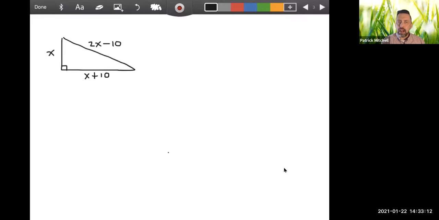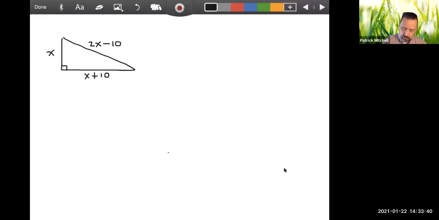Even though this is a triangle problem, we're not going to use area equals 1/2 base times height because this problem doesn't say anything about area, right? So the key words in this problem are right triangle. Is there a formula or an equation for right triangles that I can use to link those three sides together? All right.